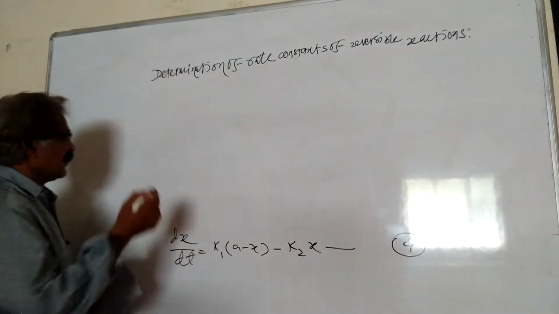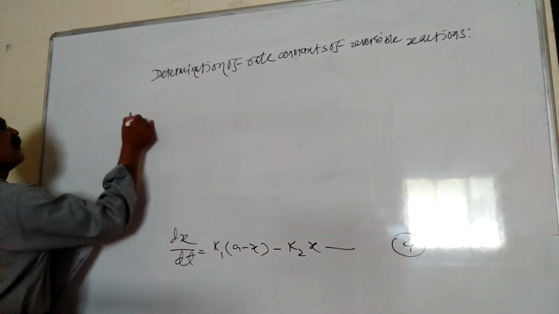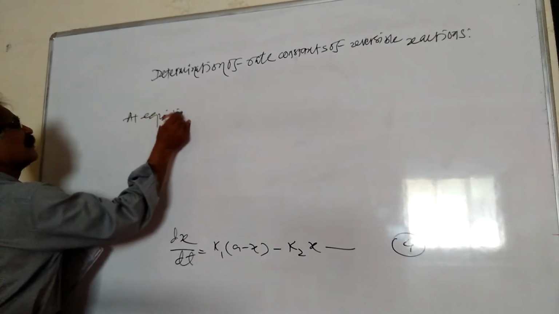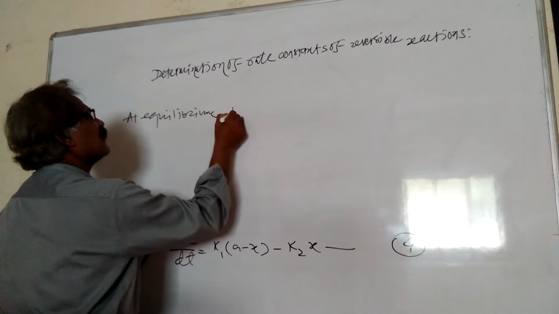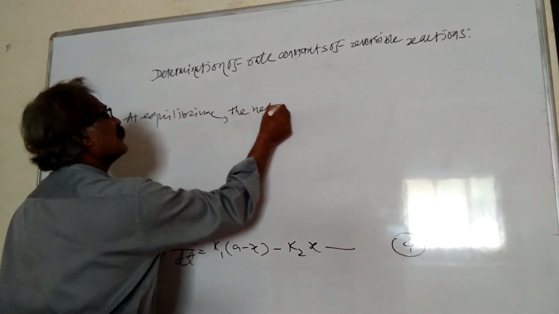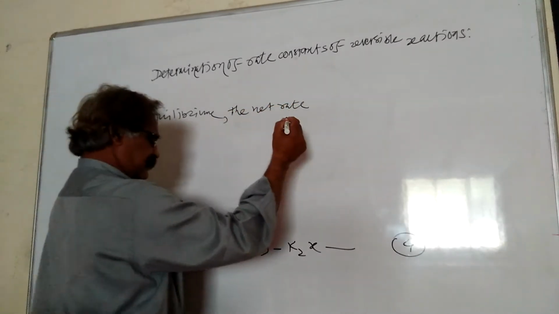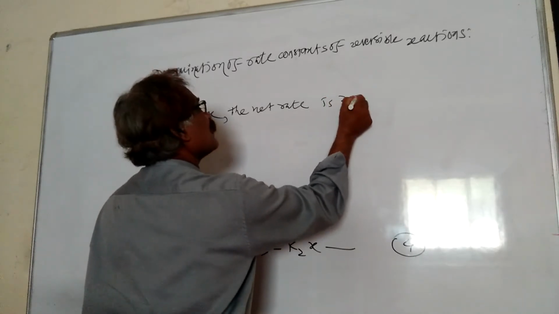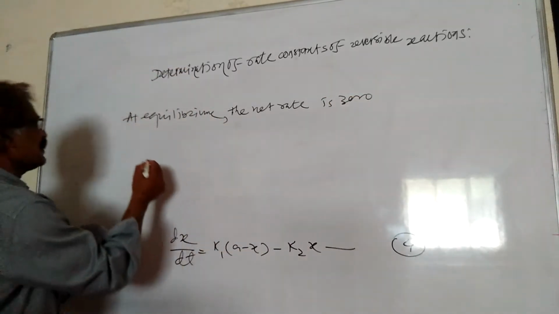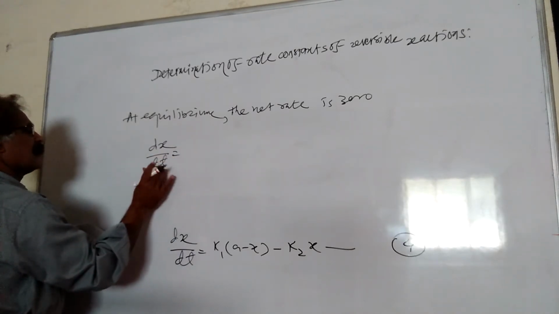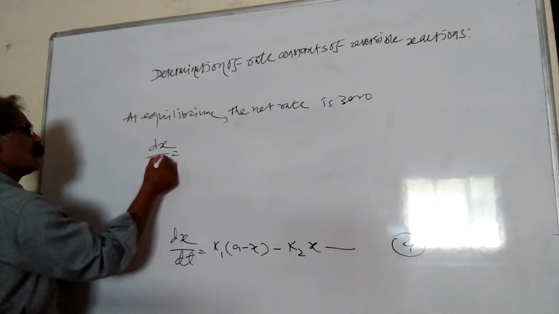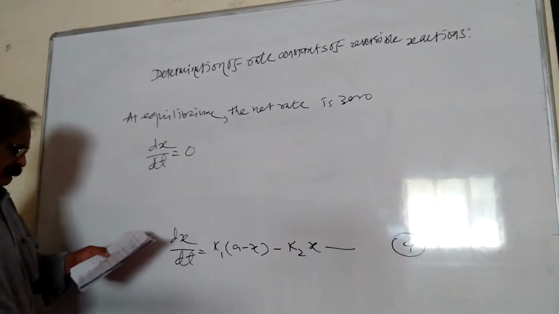In other words, at equilibrium, the net rate is 0, that is dx upon dt is equal to 0.